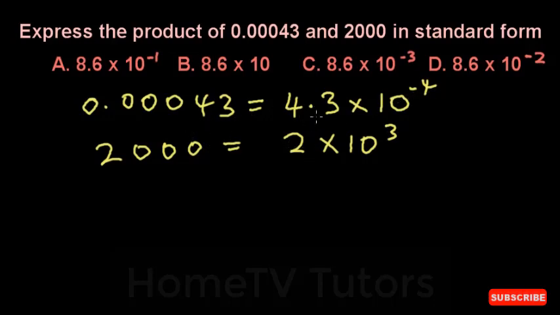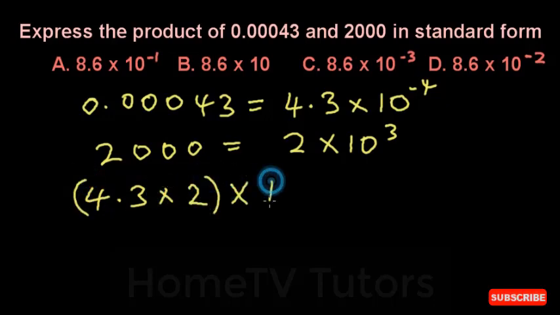So now we multiply the mantissas directly, which is 4.3 multiplied by 2, then we multiply the exponents as well, 10 raised to the power -4 multiplied by 10 raised to the power 3.